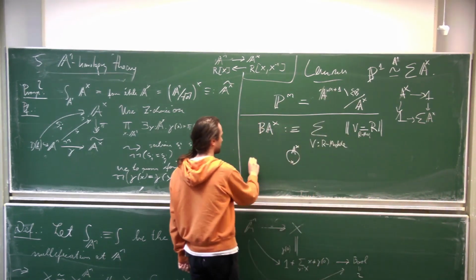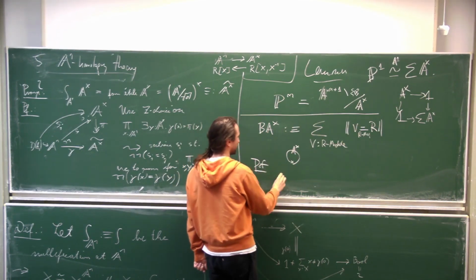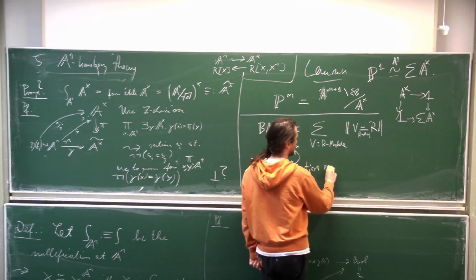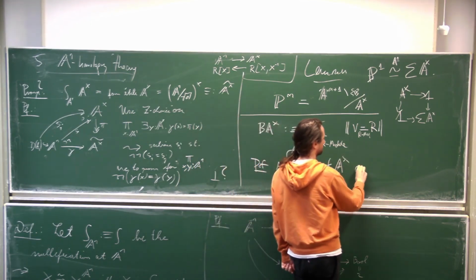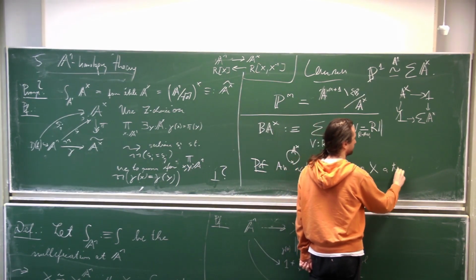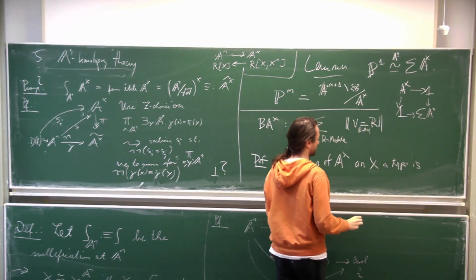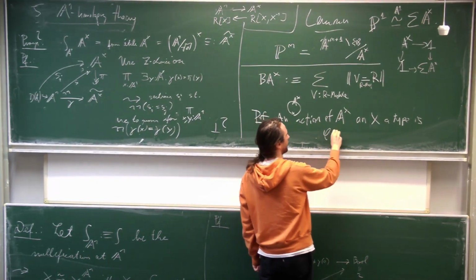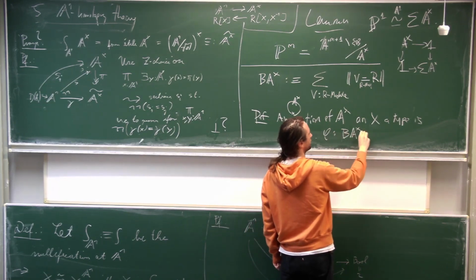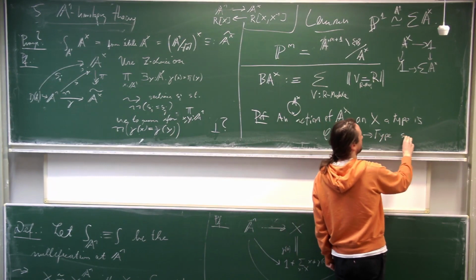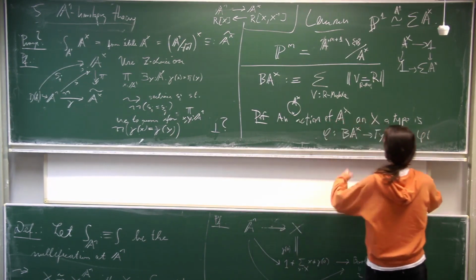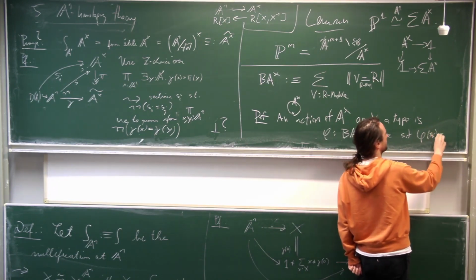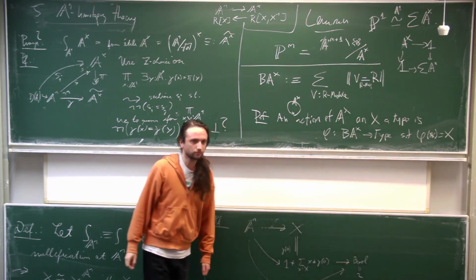Here I will give a definition. An action of A^× on a type X is a map, say φ, from BA^× to type, such that φ of the base point of BA^×, which I will call star, is equal to X. Why does this work?